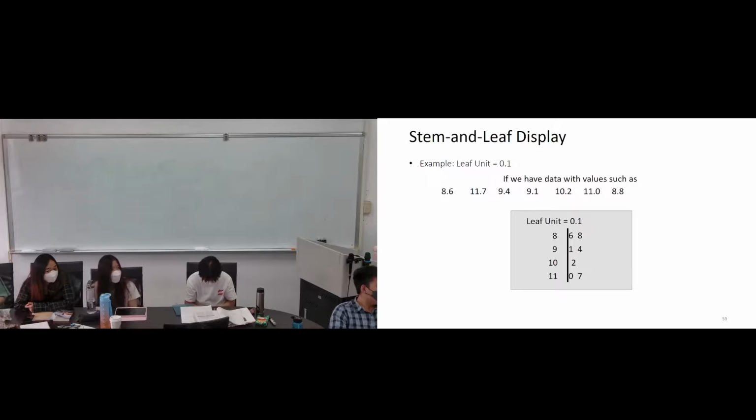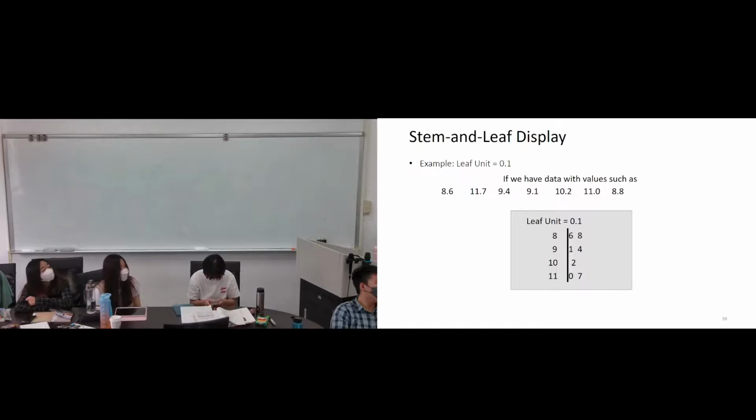In the 8, we have 8.6, so we put 6 here, 8.8, sorry, 8 here. 9.1, so we put 1 here, 9.4, 4 here. For 10, we have 10.2. For 11, we have 11.0 and 11.7, so we put 0 and 7 here.